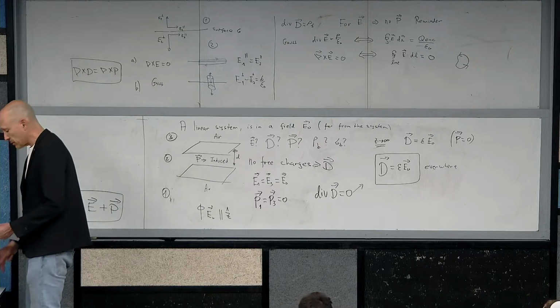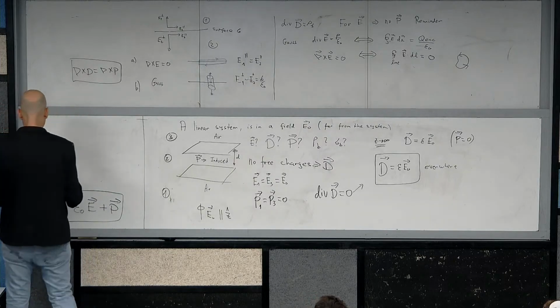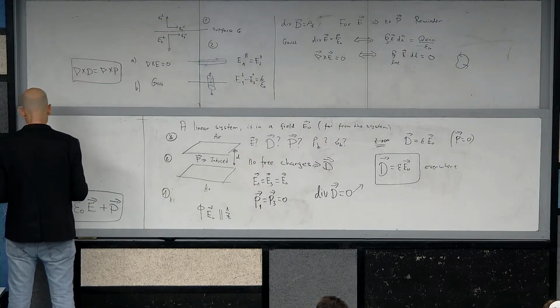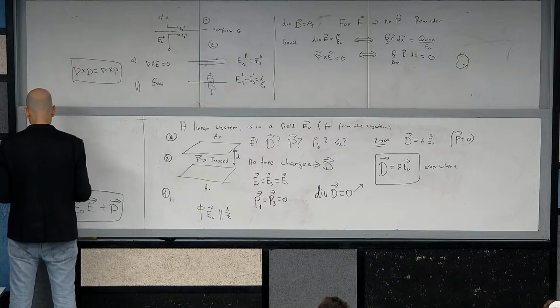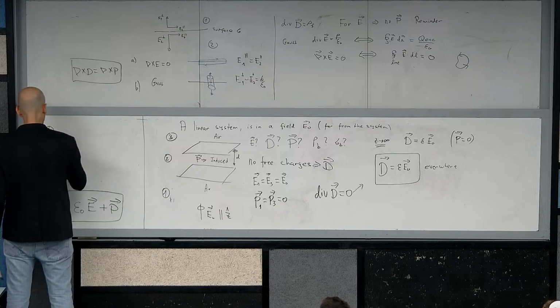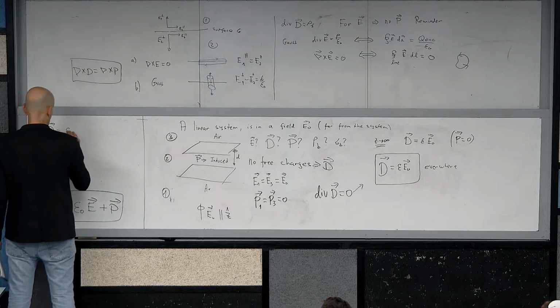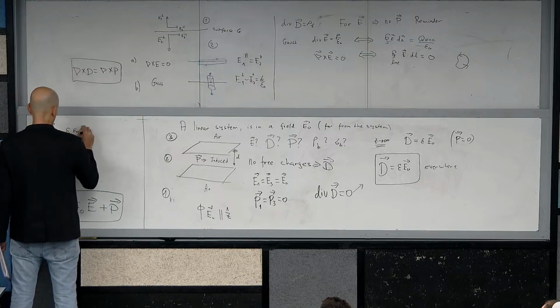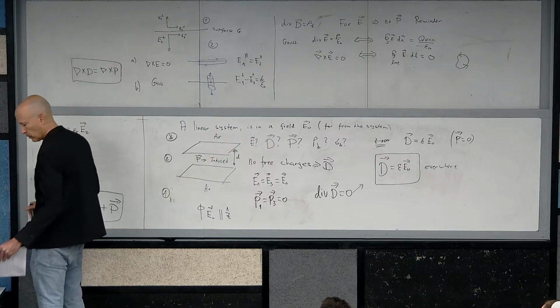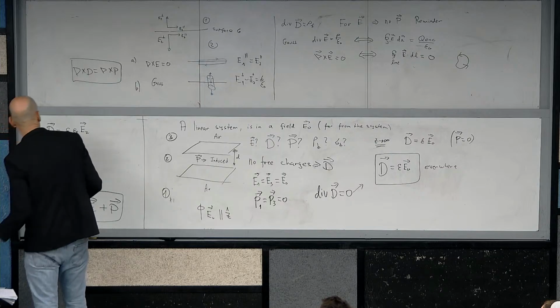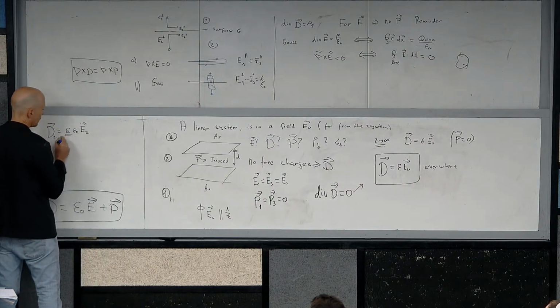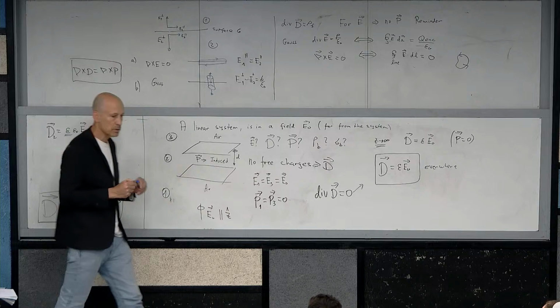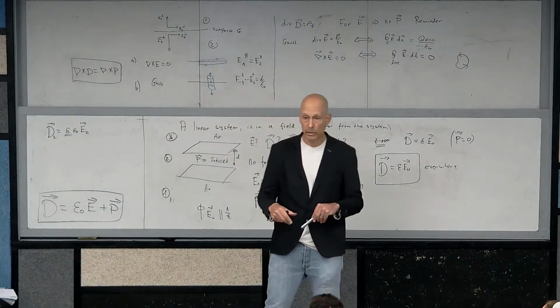And that is, if it's a linear material, then D is epsilon times E2. So again, here I'm using the linearity because I'm introducing this epsilon. This is a property of the material itself.